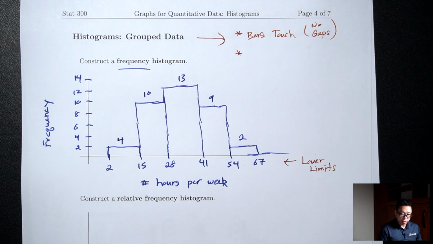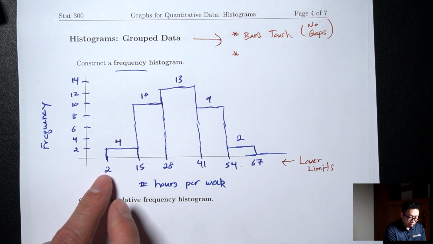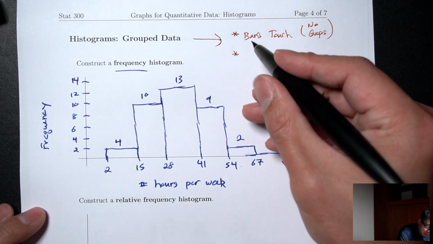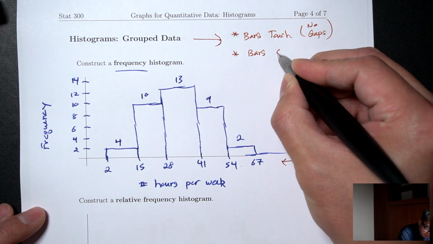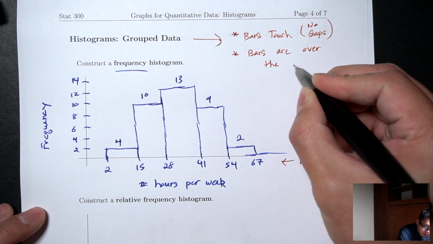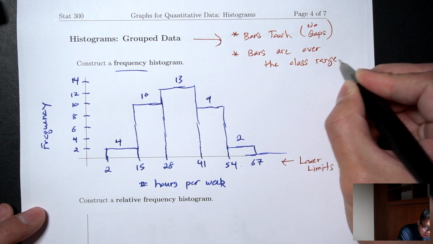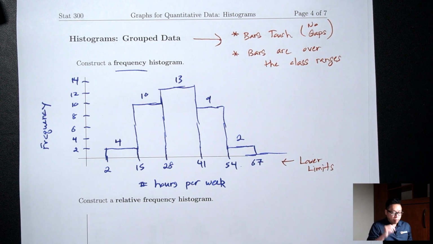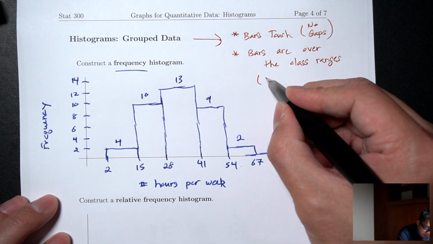Now, for group data, the bars are over ranges. I'm going to say the class ranges. Numbers are not centered on bars. No numbers centered on bars.